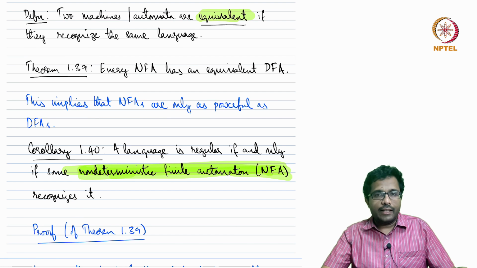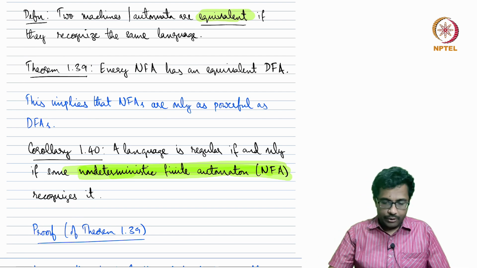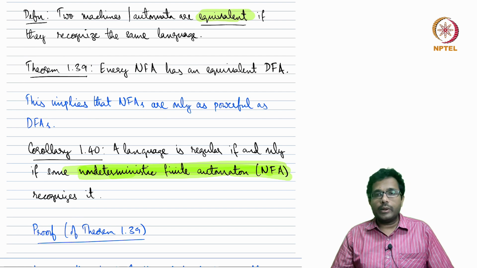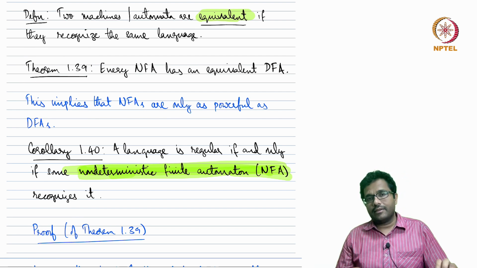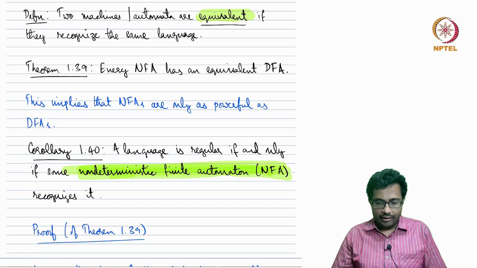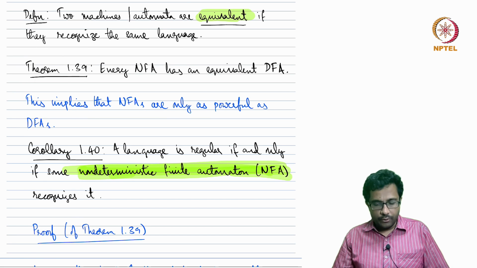And if the language has an NFA, by virtue of this theorem 1.39, there is an equivalent DFA, and hence it is regular. So notice how both the directions are taken care of by this. Now what remains, which is a bit long, is a proof of this theorem.